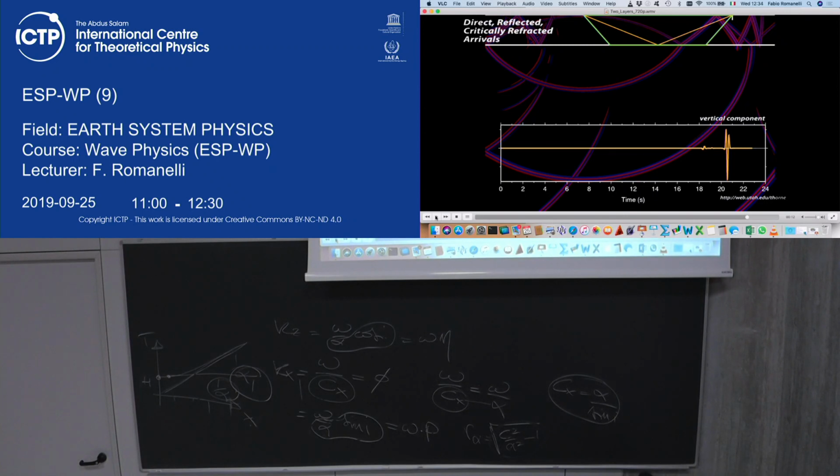Okay, so to sum up, we discussed what's happening at interfaces, free surface, other discontinuities. We could solve the full problem in terms of directions and amplitudes, but usually the most important research, not important, but the most quantity of research in tomography is made just with arrival times of the different phases, most.